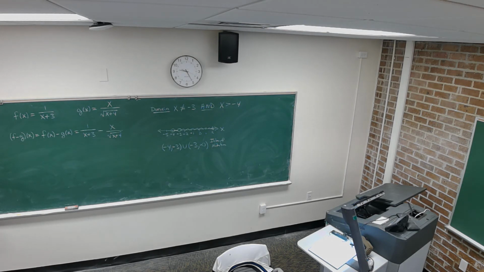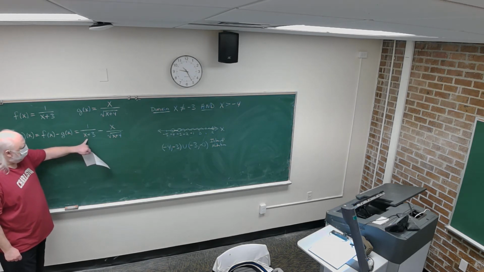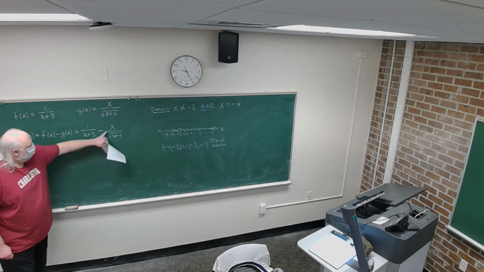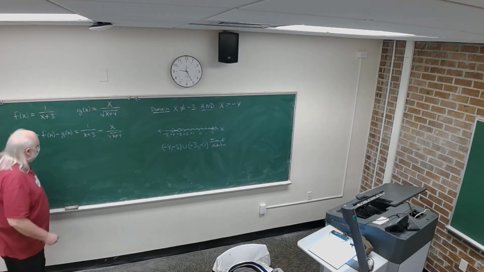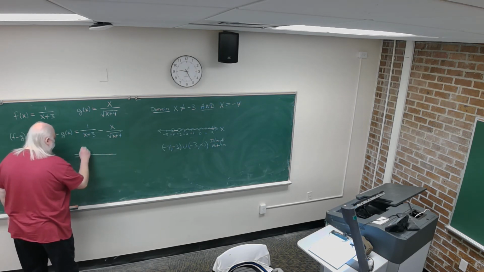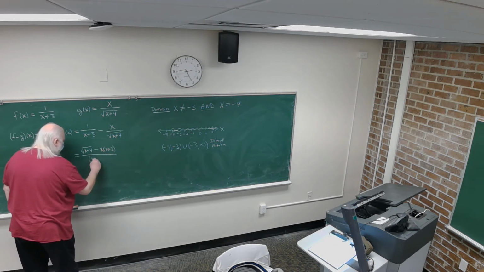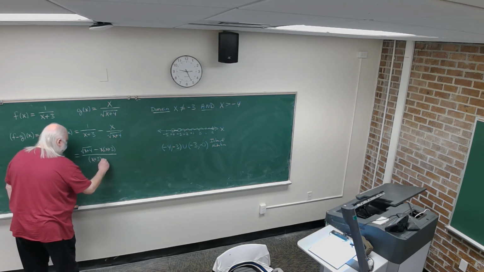And to write that over a common denominator, you've got to multiply this first quotient top and bottom by square root of x plus 4, and multiply this second quotient top and bottom by x plus 3, and you get square root of x plus 4 minus x times x plus 3 over x plus 3 times the square root of x plus 4.